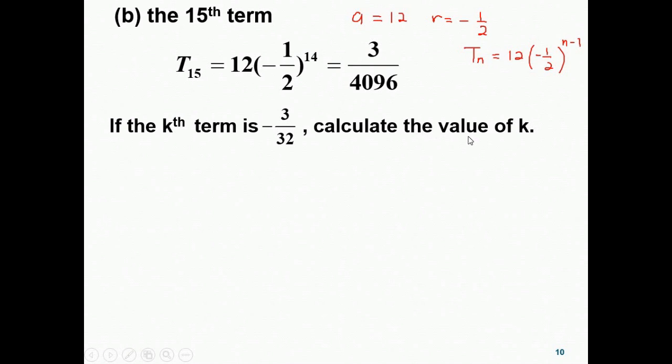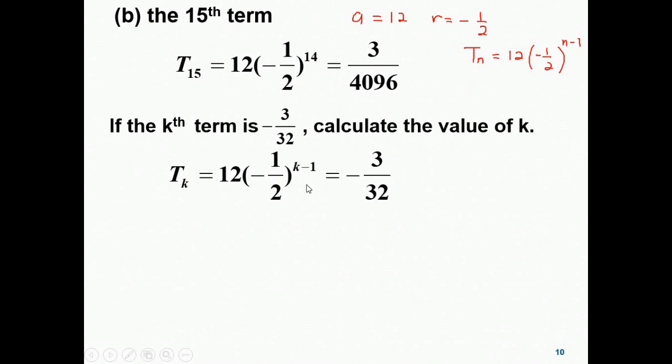Proceed to the next question, which is if the kth term is -3/2, calculate the value of k. Similar to the example before, we have the kth term: 12 times -1/2 to the power of k minus 1 equal to -3/2.